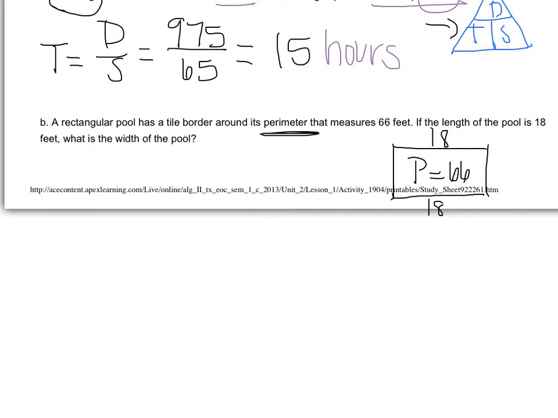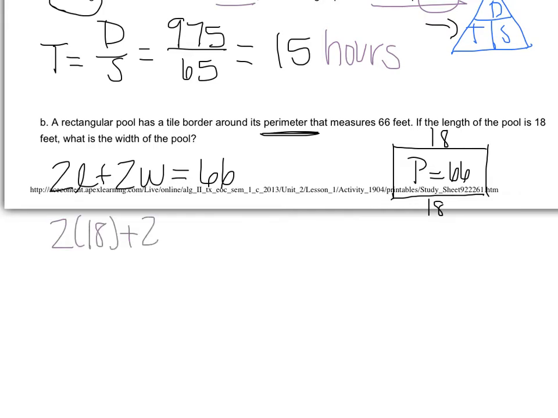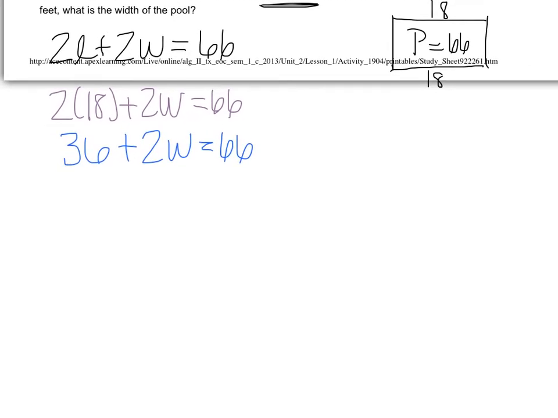Well, my formula for perimeter is 2L plus 2W equals our perimeter, which equals 66. We know that our length is 18, so 2 times 18 plus 2W equals 66. 2 times 18 is 36 plus 2W equals 66. And now I can solve this for W. So I'm going to draw my line through my equal sign first.